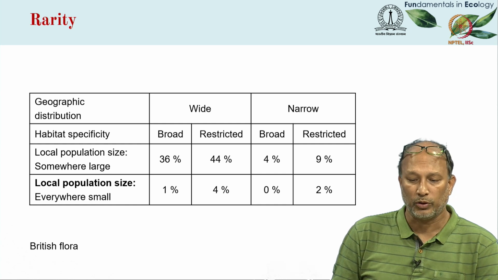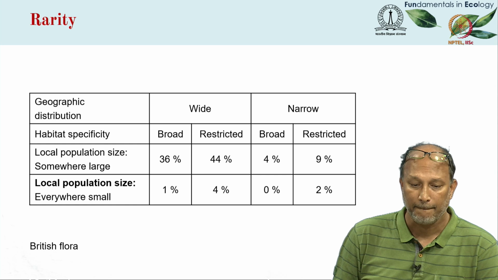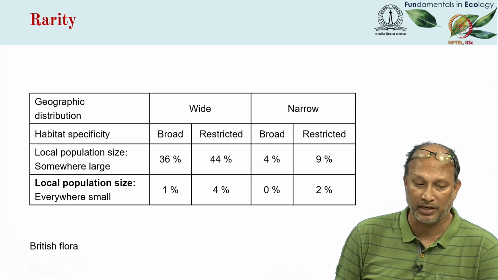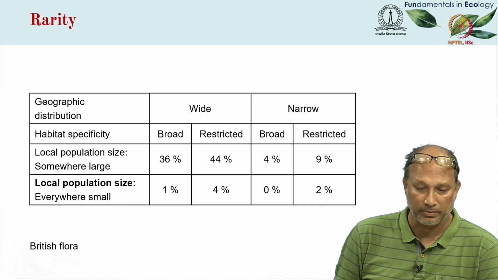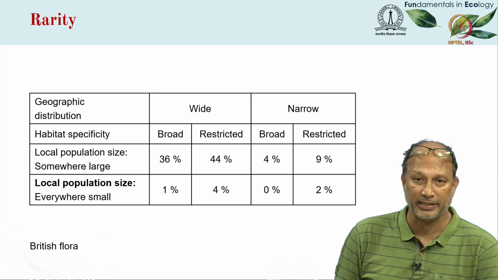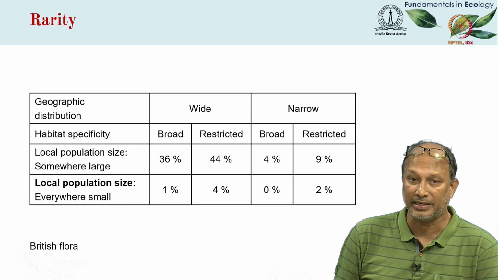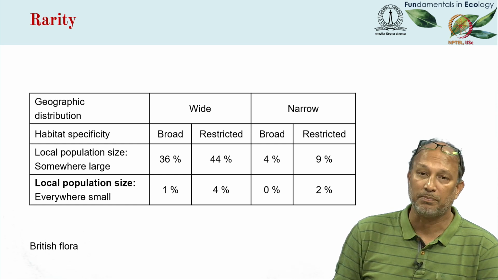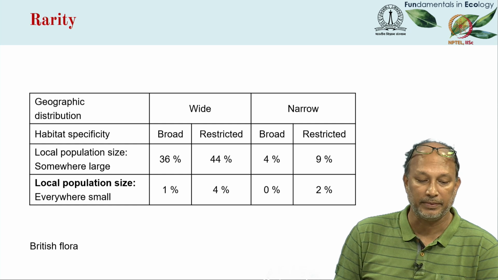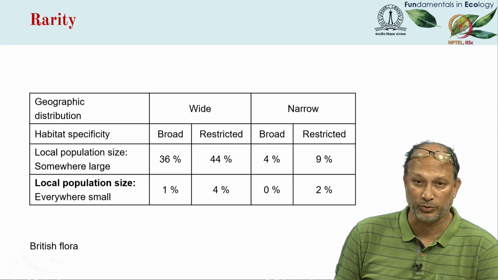One approach is to look at it along three axes. One is geographic distribution, which can be wide or narrow, so widespread species versus narrow endemic species. Then habitat specificity, which can be generalists or specialists, and population size, which can be either large at least in one of the locations where it's found, or small everywhere.